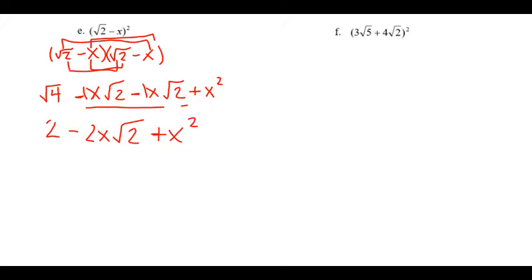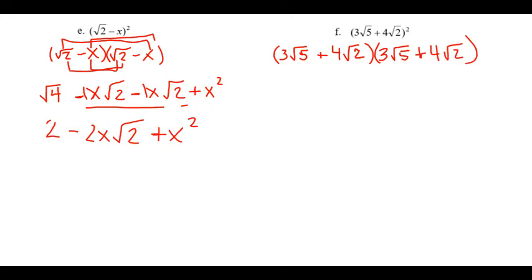All right, and our last one where we're going to multiply, we have 3 square root of 5 plus 4 square root of 2 times 3 square root of 5 plus 4 square root of 2.